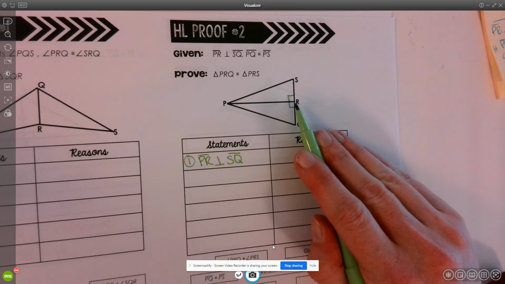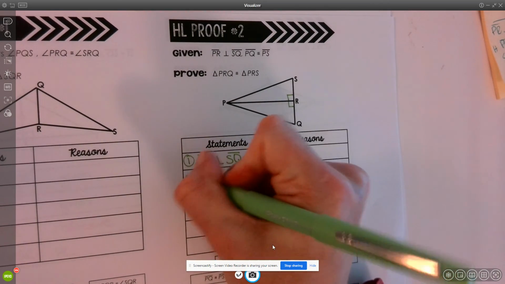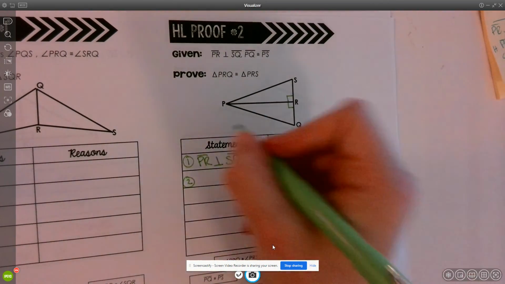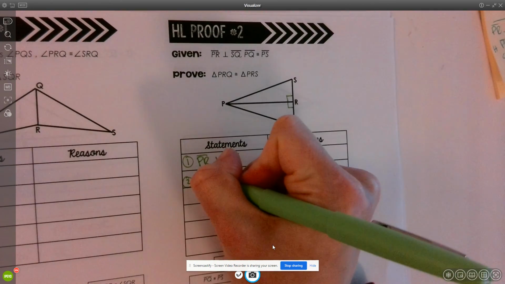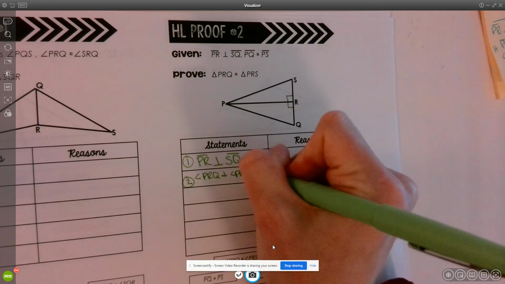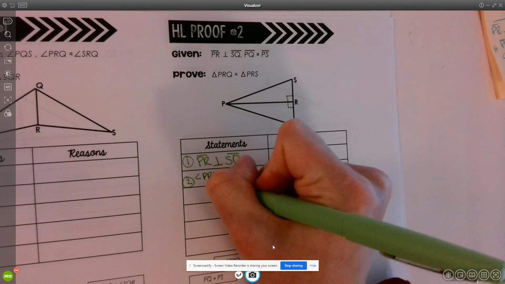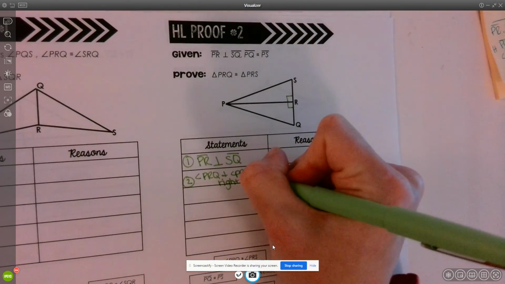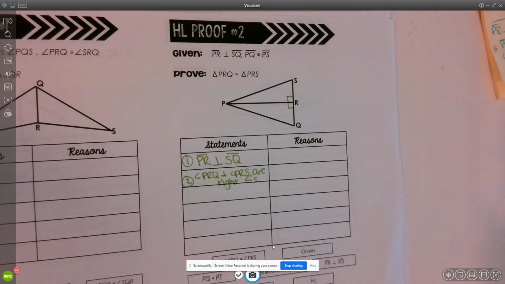I added that in my picture. I'm going to make sure I add that in my proof. Angle PRQ and angle PRS are right angles. And that's important because that tells us that we're working with a right triangle here.